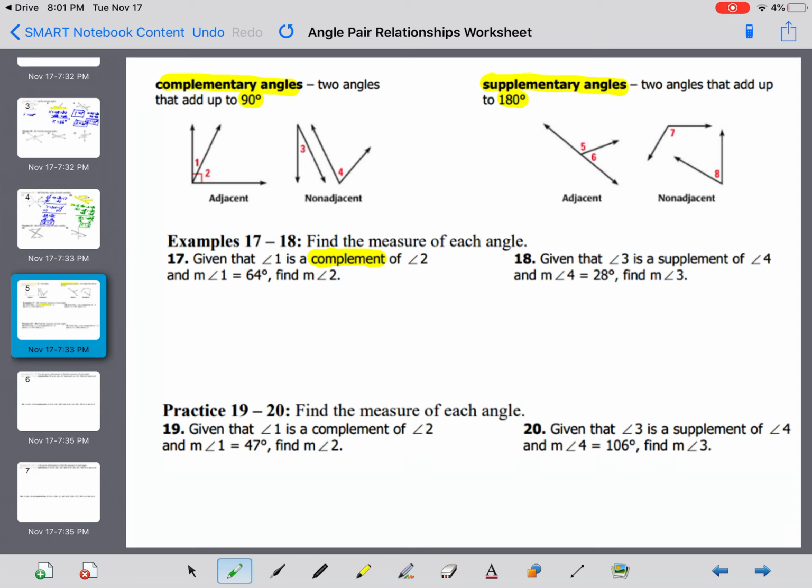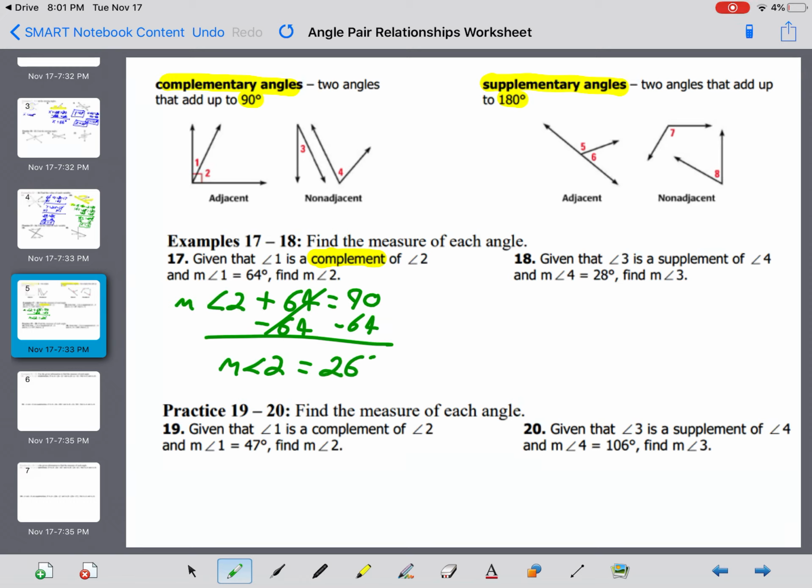If the measure of angle 1 is 64, let's find the measure of angle 2. Angle 2 plus 64 needs to equal 90. If we subtract 64 on both sides, the measure of angle 2 is equal to 90 minus 64, which is 26 degrees.